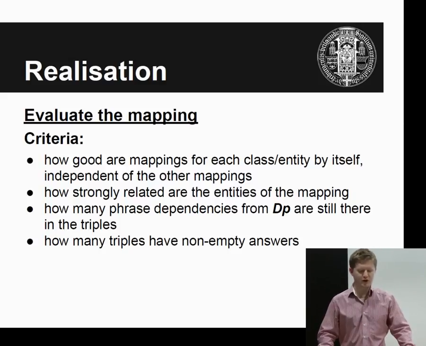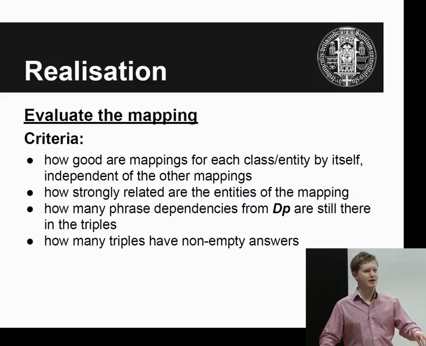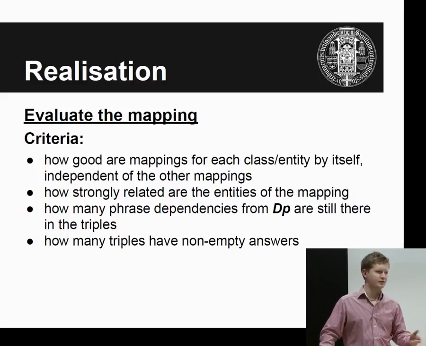First, how good are mappings for each class or entity by itself, independent of other mappings? Then, how strongly related are entities of the mappings? That means how strongly related all entities and maybe classes too, which are in the same query. Like, for example, in one triple can be Bart, in the other triple can be Homer, and how related these entities are to each other. They can also be in the same triple, it's not important.